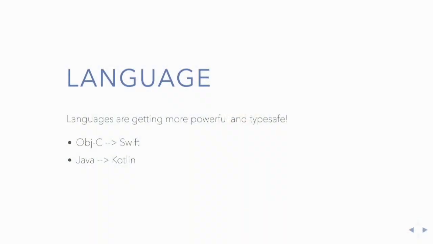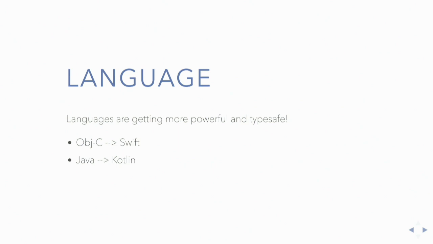And on that note, anybody who's been in this room has probably been thinking to themselves, JavaScript, JavaScript, JavaScript. And that's because on native, we have the benefit of really amazing languages. Objective-C has quickly given way to Swift, and Java is soon giving way to Kotlin, it is my hope. And what that means is that we have strongly typed languages, and the compilers will do half of the work for us. They will tell us when we've done something stupid, and they'll suggest how we fix it.